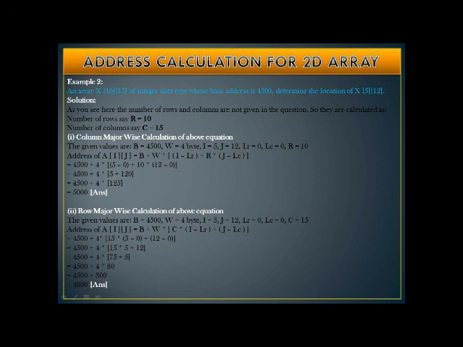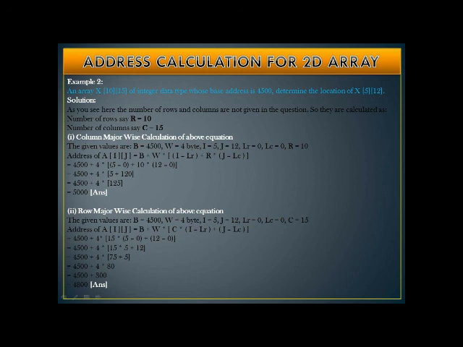So in column major, the equation is given with B equals 4500, that is the base address, and W equals 4 bytes. I is the index whose address we need to find, that is the row number 5, and J is 12, the column number. LR, the lower limit of the row, is 0, LC, the lower limit of the column, is 0, and R, the number of rows, is 10. We plot all these values in the equation and we get the answer as 5000.